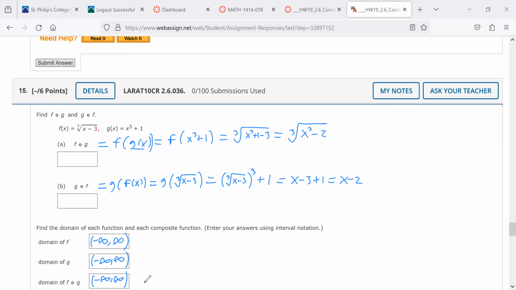Okay. Now look at the domain for g of f. There's no restrictions here, so we don't have to worry about that. There's no restriction in the results, so again, we don't have to worry about that either. So the domain would be the same for g of f. So just check what's going in and what's the result, and then create an interval considering those two issues. If you don't have any issues, then the domain is everything.